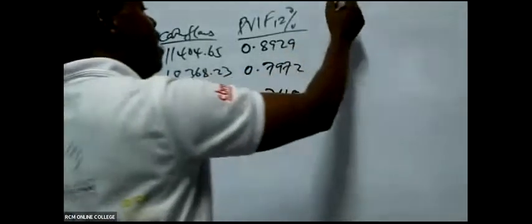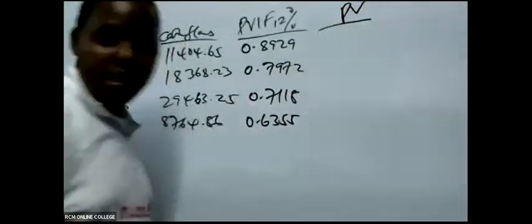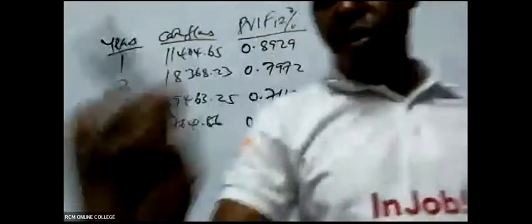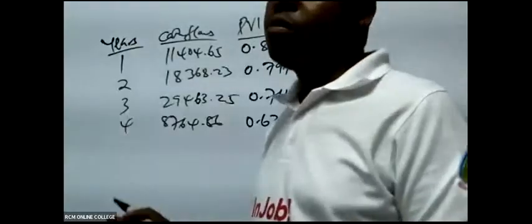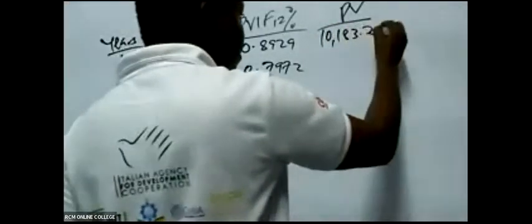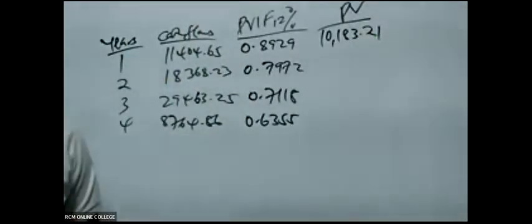Great. Can you give me now the present value column? Two decimal places, let's be systematic. Year 1, 10,183.21.